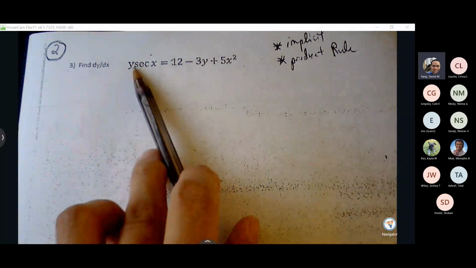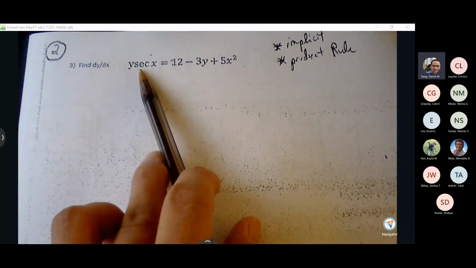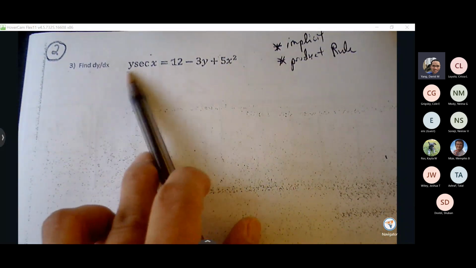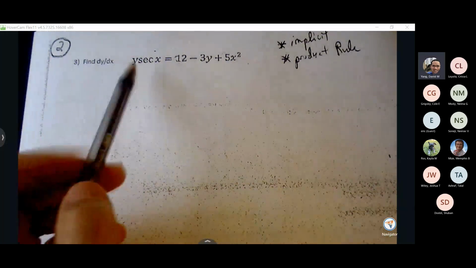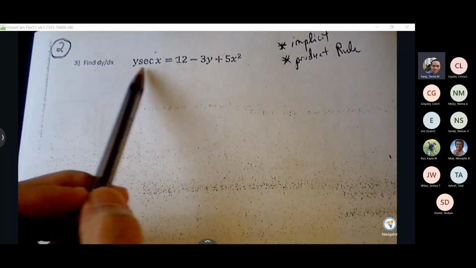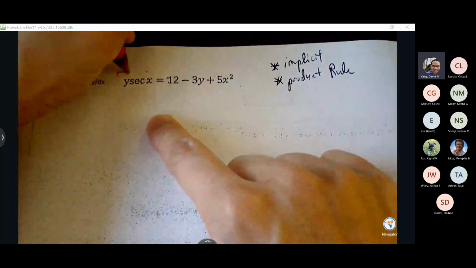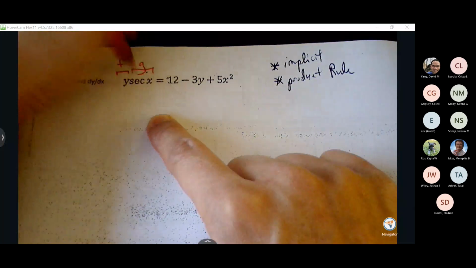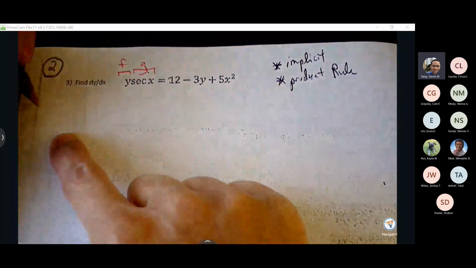If you see two different variables, that's an indication that this is y times secant of x. This is product rule. Right? So recognizing product rule, sometimes some students will just jump directly into a derivative rule, or they will put these two derivatives next to each other and call it a day, but we have to go through product rule, recognize the need for it. Okay, so good, product rule here. All right, so let's start building our derivative here.